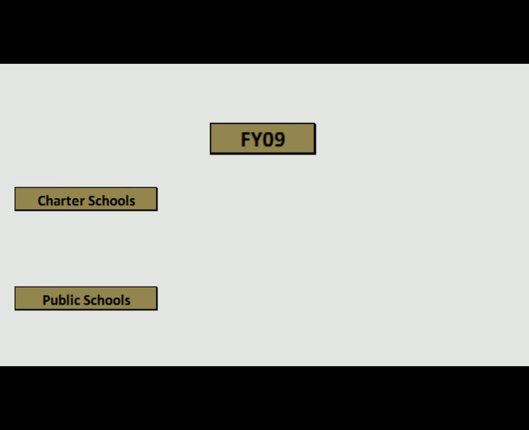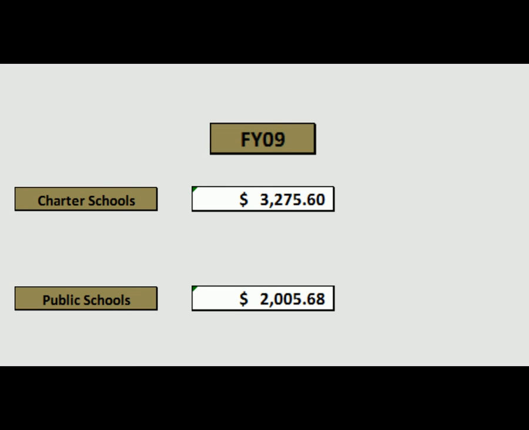Now that we see how public and charter schools are treated differently in the state aid formula, we must re-examine our funding comparisons. This time we start with fiscal year 09, when charter schools received $3,275.60 per student, while public schools received $2,005.68 per student.